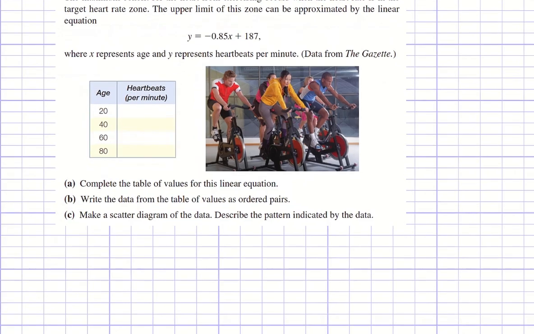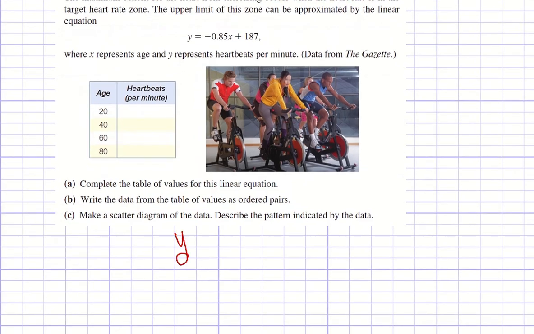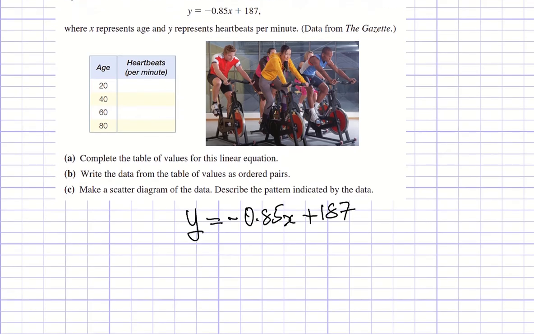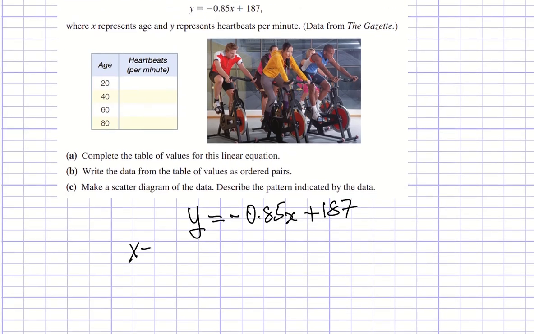Complete the table of values. So basically y is equal to minus 0.85x plus 187, okay? And they give you points there. When x is equal to 20, what do you get? y is equal to minus 0.85 times 20, plus 187.